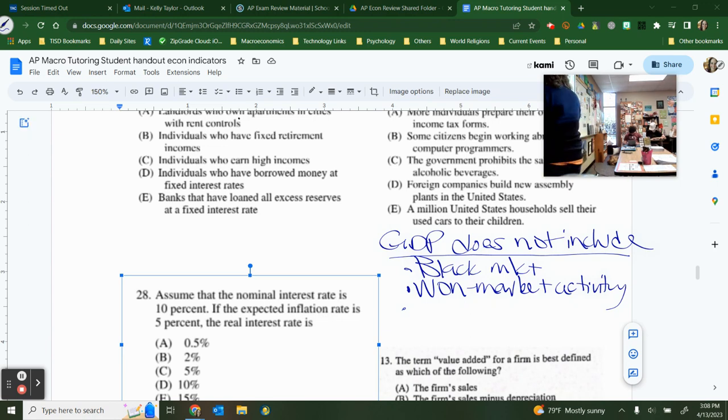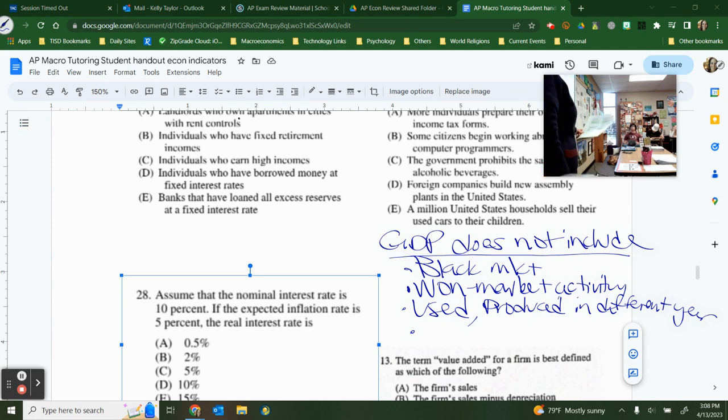We don't count used products. Or it doesn't have to be used, but maybe it was made last year or produced in a different year. That doesn't count. We don't count inputs, or we call those unfinished goods.